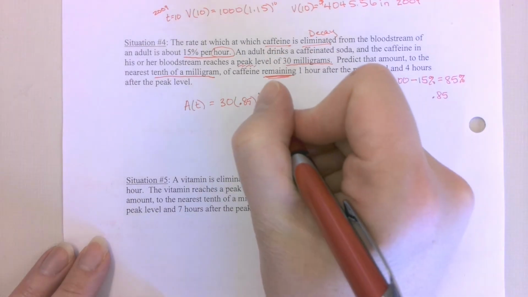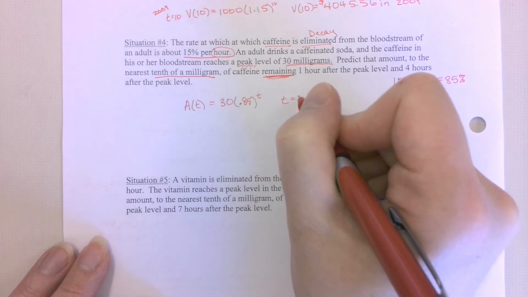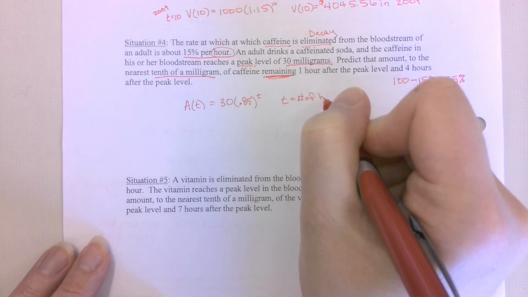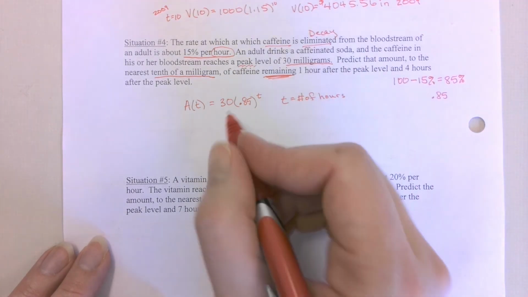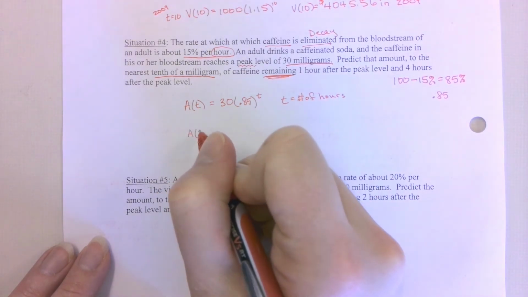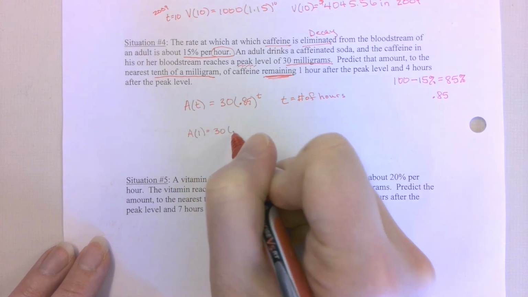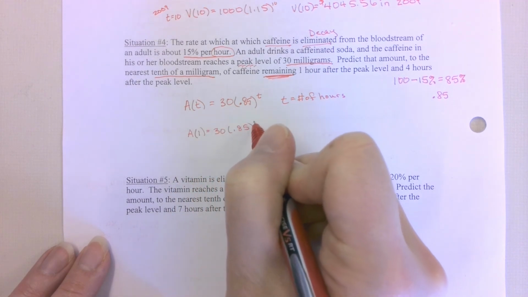So if they give you what's being eliminated, you want to turn it around and make sure you know what is left. And then we're going to do the power of T, and time stands for number of hours. All right, so when I find this in 1 hour, the amount over 1 hour of time is going to be 30 times 0.85 to the power of 1.